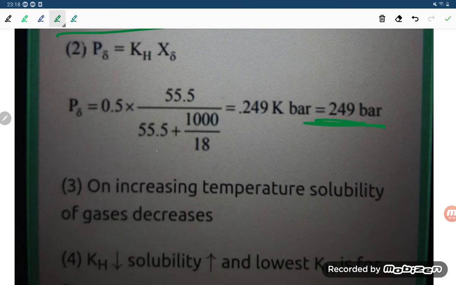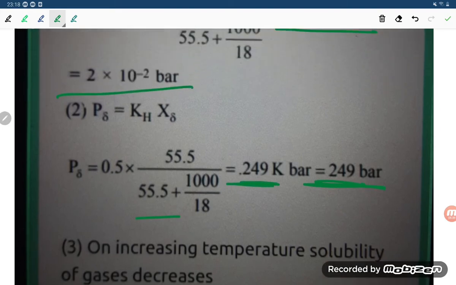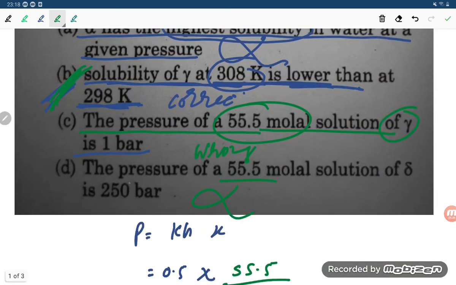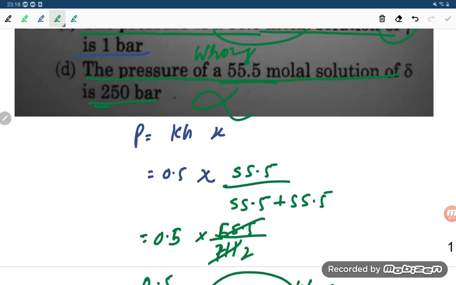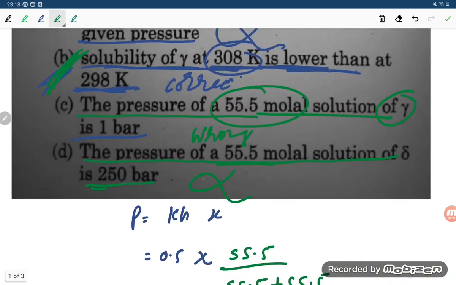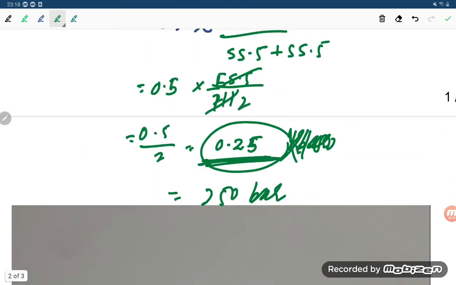Actually it is 250 kilobar, not 250 bar, because KH is in kilobar.